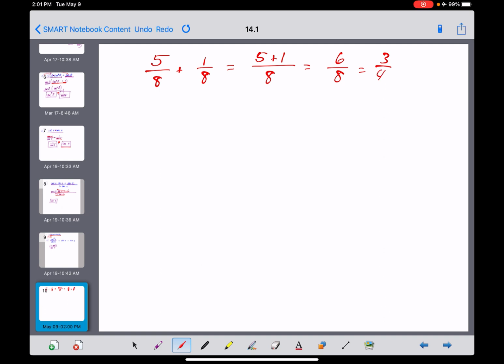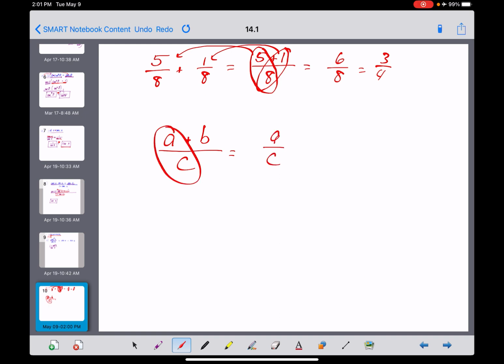What I want to talk about, though, is the idea that you could actually go backwards from this step right here and make this 5 over 8, which is this fraction, and then make this fraction here 1 over 8 and add those two together. So the basic property, guys, is that if you have a sum, a plus b, divided by a monomial base, you can break that up doing it this way.